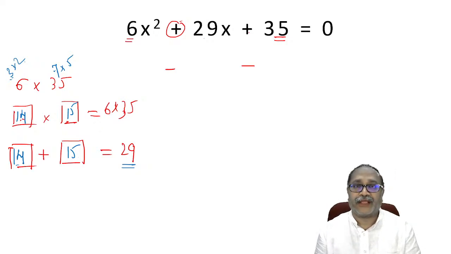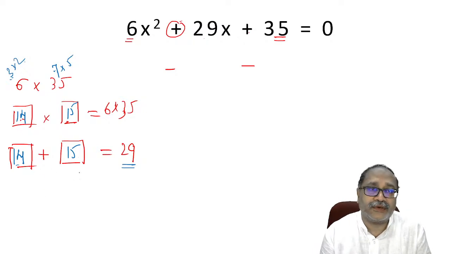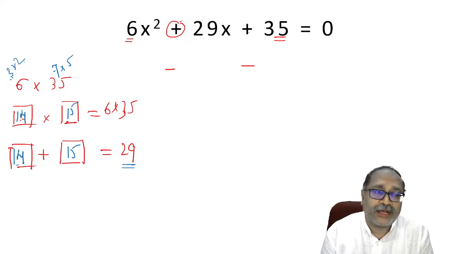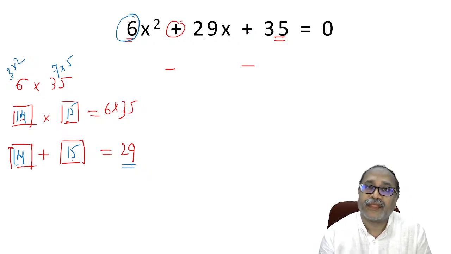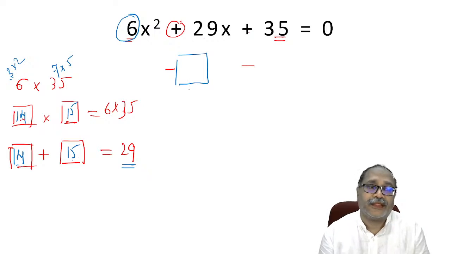Hope it's clear, my friends. So I got the two values of x, one is 14 and the other is 15. Now this value should be divided by a, and the first value should be the higher value. What is the higher value between 14 and 15?